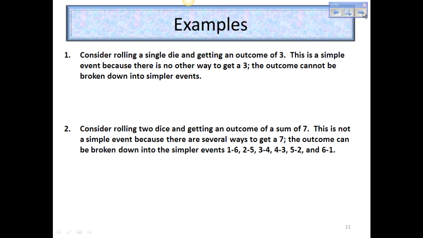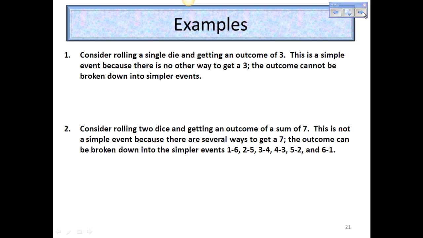The outcome can be broken down into simpler events where you'd have combinations of 1 and 6, they add to 7, 2 and 5, 3 and 4, 4 and 3, 5 and 2, 6 and 1. Those all add to 7. They are your simple events, and you have an outcome of a sum of 7.